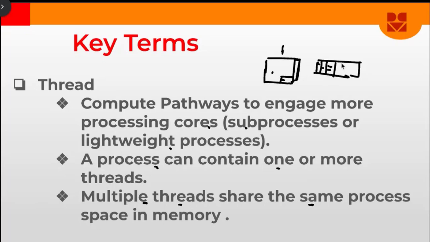Threads don't create their own space in memory. Instead they share the same space as the process. So keep that in mind for threads. Going forward, we would use threads and you would see what they mean.